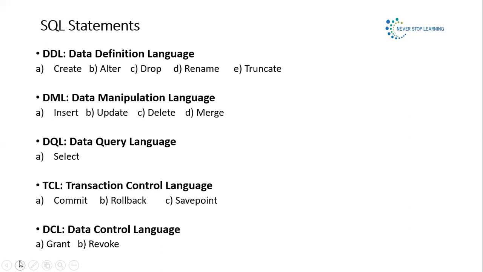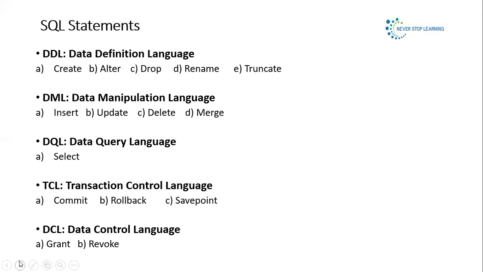Now, let's understand the different SQL statements, or I can say different SQL commands. In the further lecture series, we are going to discuss all these commands and see the implementation of all of them one by one. So the first command is DDL. DDL stands for Data Definition Language. Basically, data definition language defines the structure of your database.